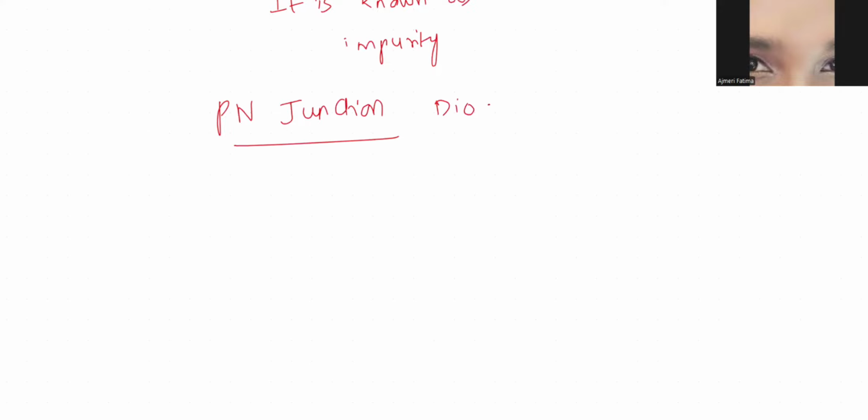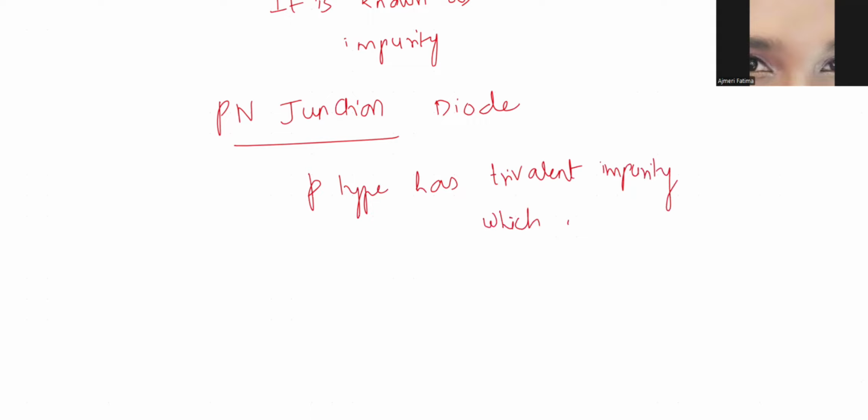As I told you, P type has trivalent impurity, which leads to holes as majority carrier.